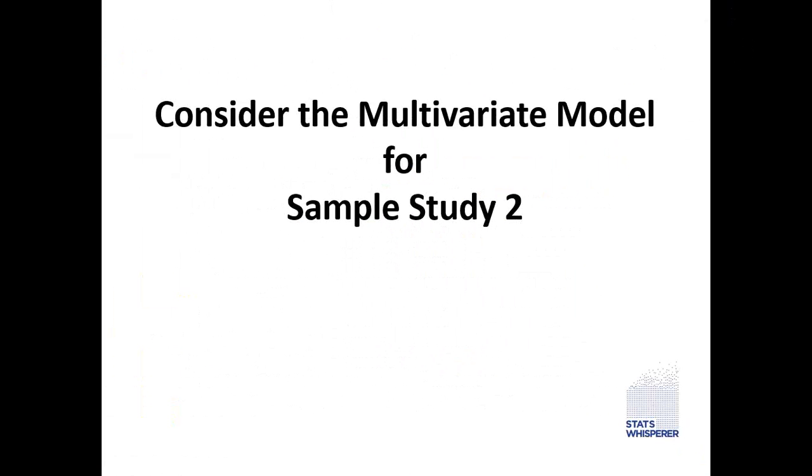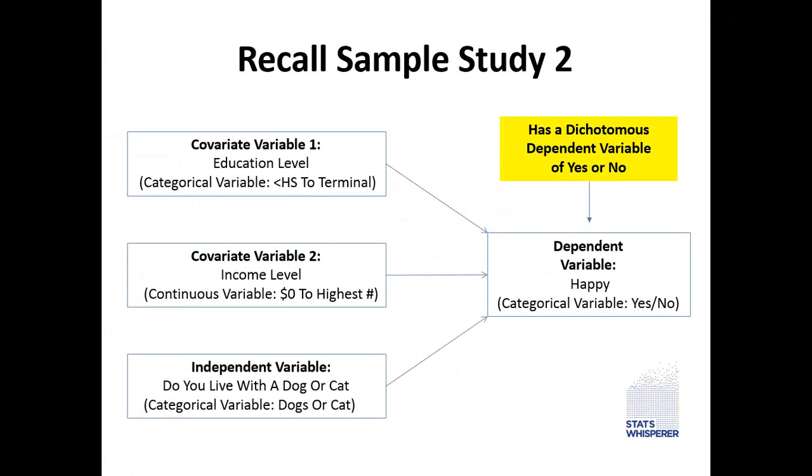Now, let's consider the multivariate model for sample study 2. This is even more fun because it produces, you'll get to see down the road here, the odds ratio, which is one of the most universally understood effect sizes, not only in science, but outside of science. I mean, when you hear news reports and they say twice as likely, people understand that.